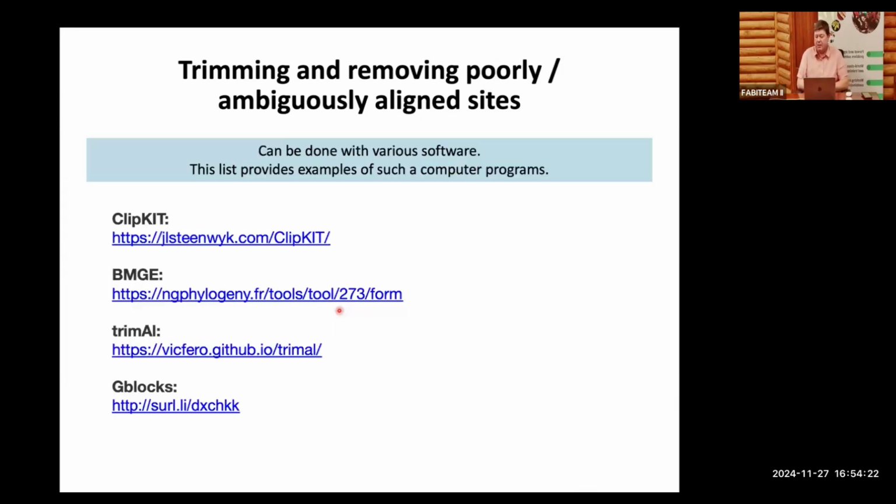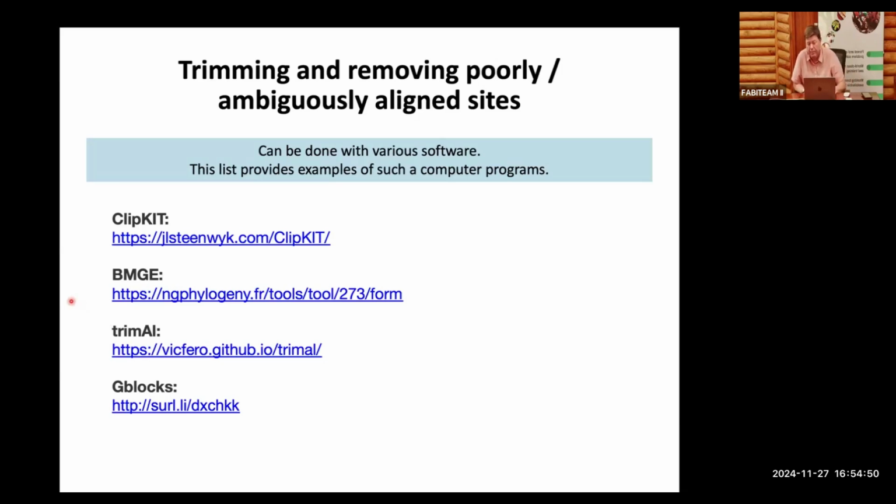There are different software that you can use: ClipKIT, BMGE, TrimAl, Gblocks. Each of them has different principles in terms of how they decide whether to exclude or assign a confidence value to that nucleotide. If you are dealing with sequence phylogenomics, many people will be familiar with TrimAl.